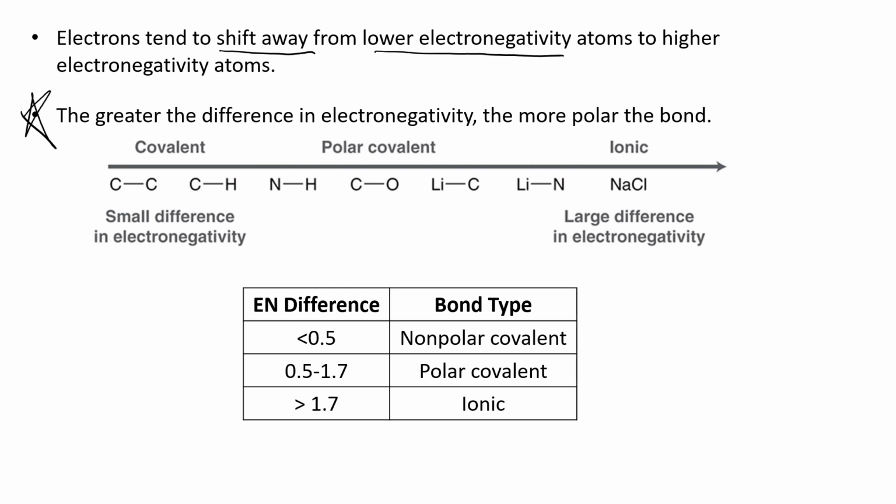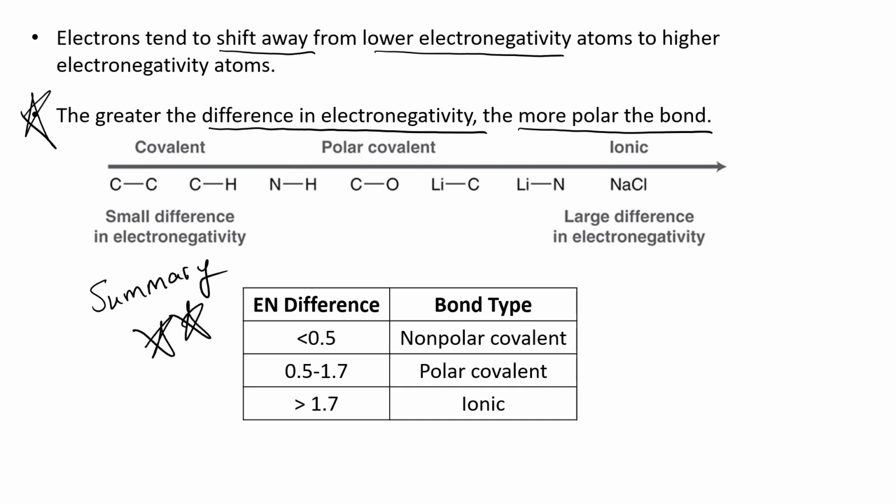Very important, the greater the difference in electronegativity, the more polar the bond. So if you haven't picked up on that trend, there it is. And here's a summary of the values. Make sure that you have a good grip on the characteristics of a nonpolar covalent, a polar covalent, and an ionic bond.